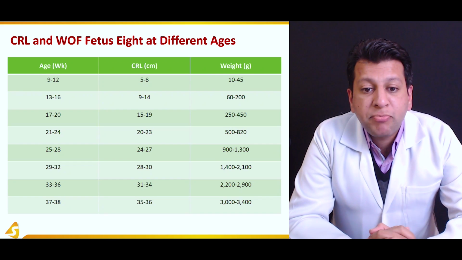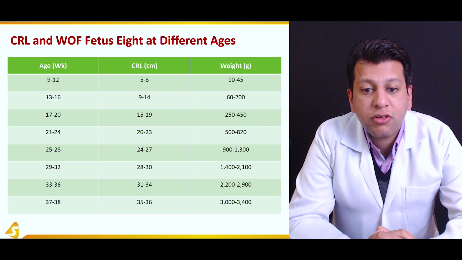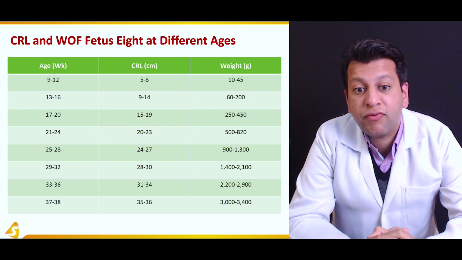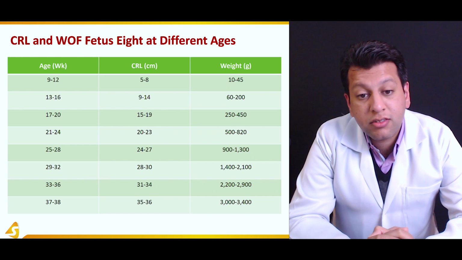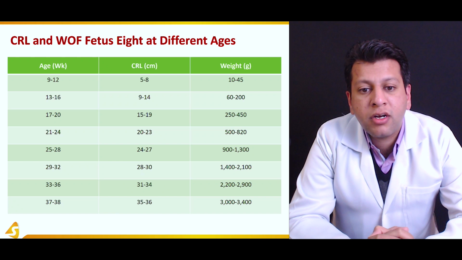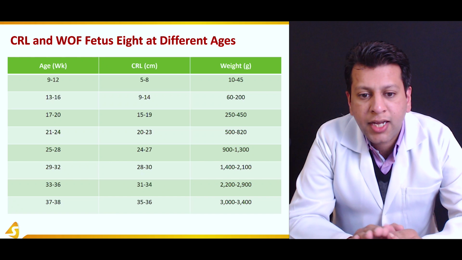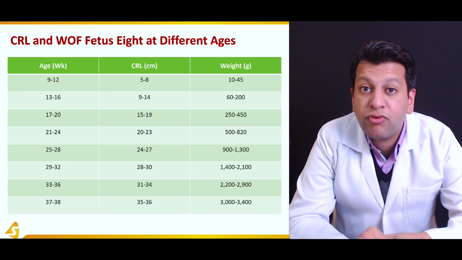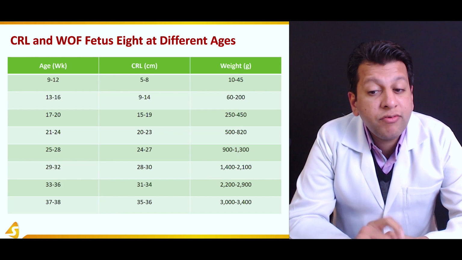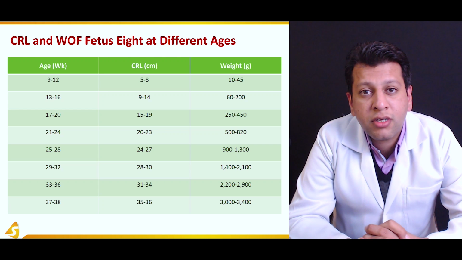This is a table showing three things: the age, the crown rump length, and the weight of the fetus. CRL stands for crown rump length and WF stands for weight of the fetus at different ages. For 9 to 12 weeks, the length is almost 5 to 8 centimeters, and the weight on the right side is only 10 to 45 grams.